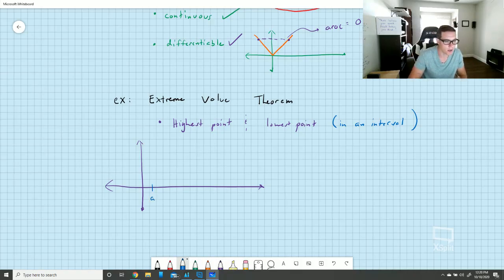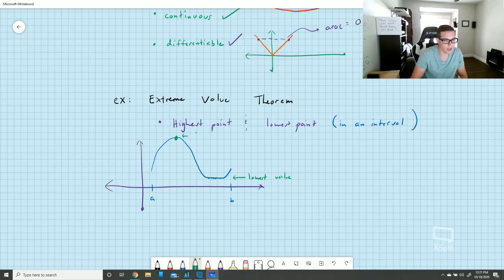So let's say from here to here, no matter how you draw a function, there's a highest point, it happened to be right here, and there was a lowest point. And I tried to draw it where all of these are kind of the same, but that would be the lowest value. Right here was the lowest value.